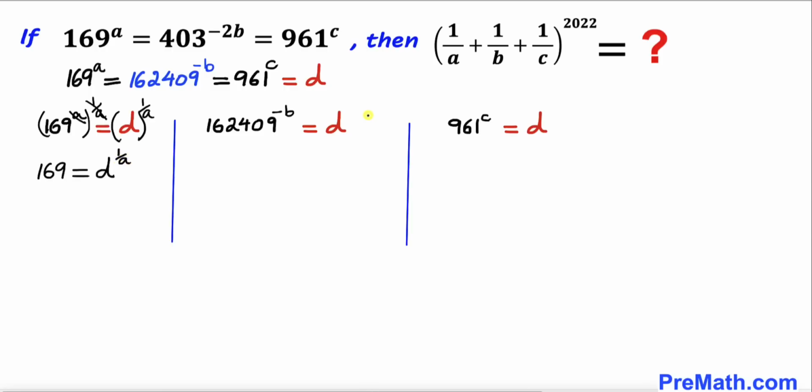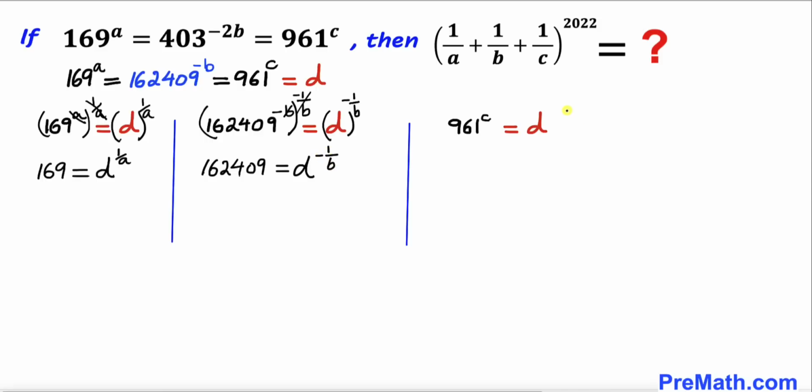Now let's focus on the next equation. We are going to take power negative 1 over b on both sides. The negative b and negative 1 over b cancel each other out, so we end up with 162,409 equals d power negative 1 over b.